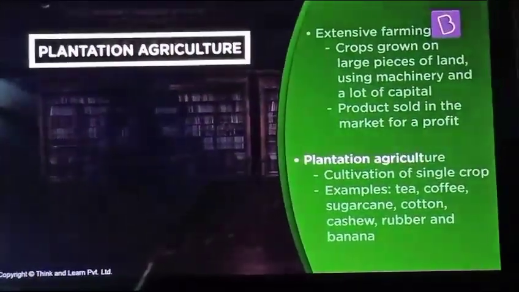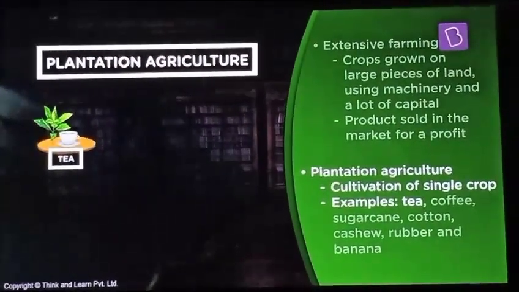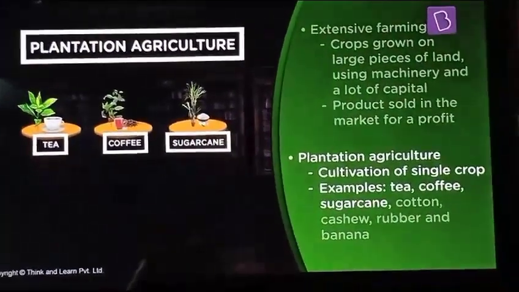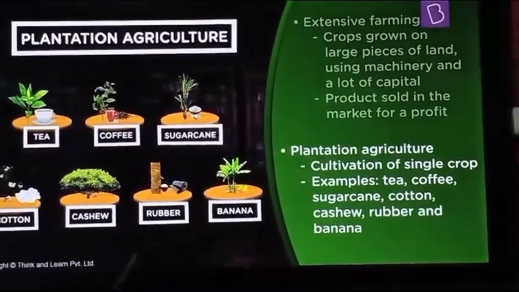Plantation agriculture involves cultivating a single crop like tea, coffee, sugarcane, cotton, cashew, rubber, banana, and so on.